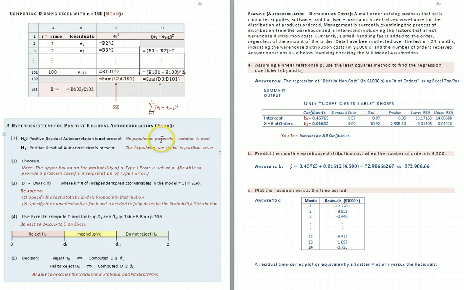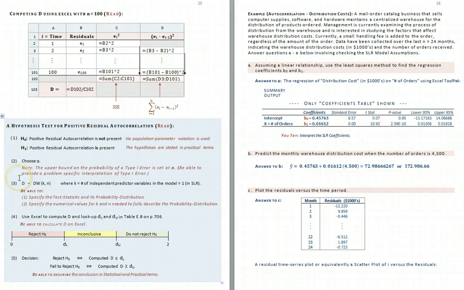There is no population parameter notation used in this hypothesis test. The second step is to choose a significance level. We place a maximum probability of alpha on incorrectly deciding that positive residual autocorrelation is present.